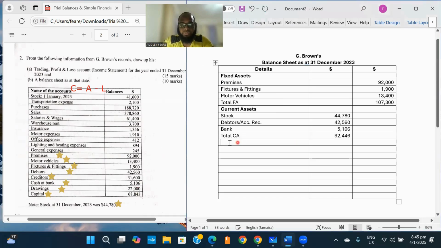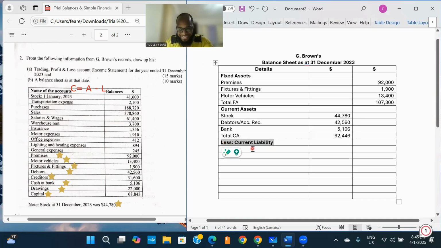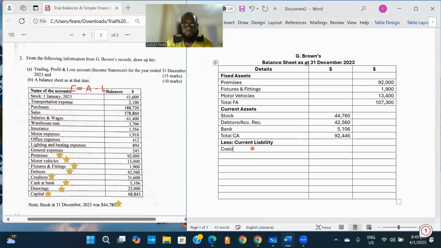So to subtract now. So it's going to be less current liabilities. There's only one. So for our English teachers, less current liability. I wouldn't mark it down if you put less current liabilities though. Right? So creditors, there's only one, and it's creditor. And the creditor was, we use bracket for subtraction, 31,600.